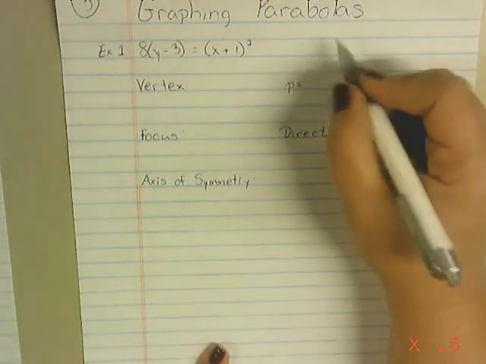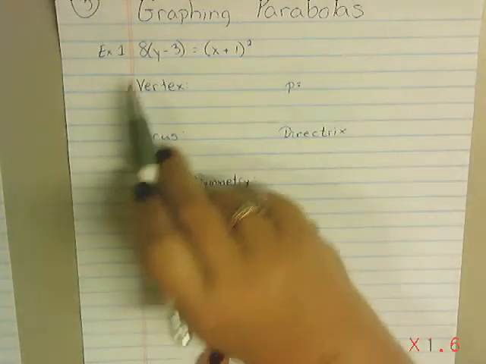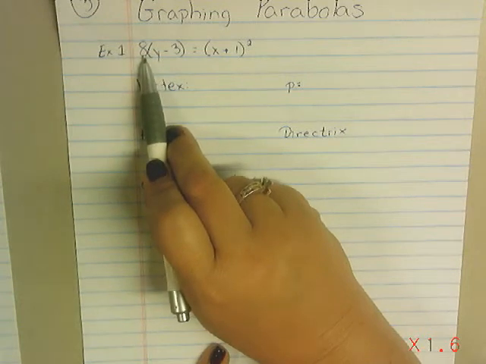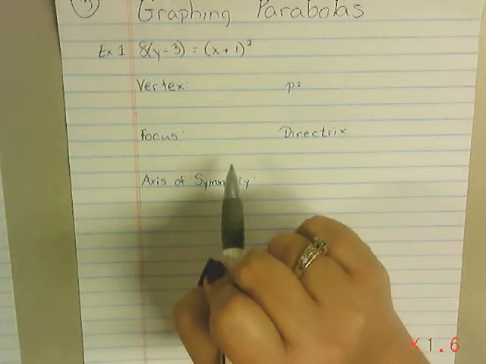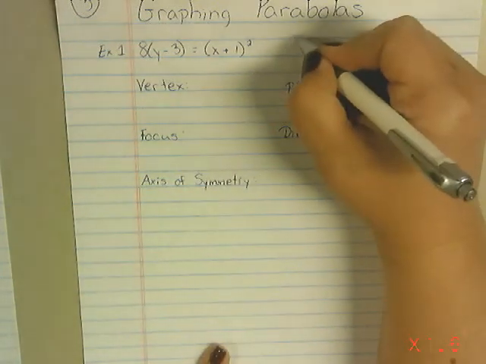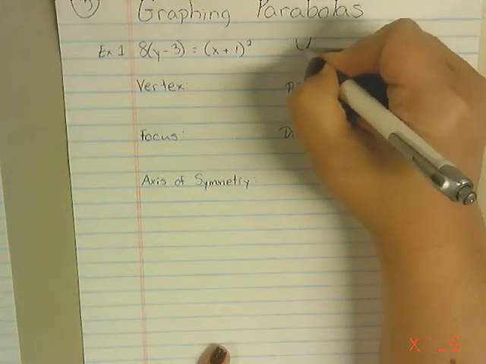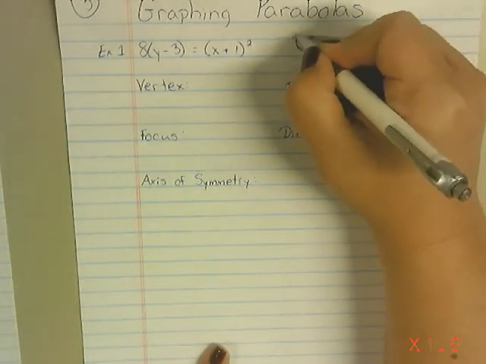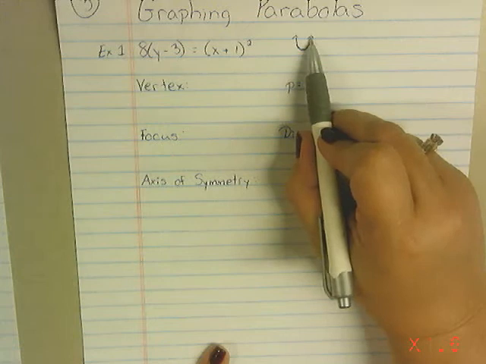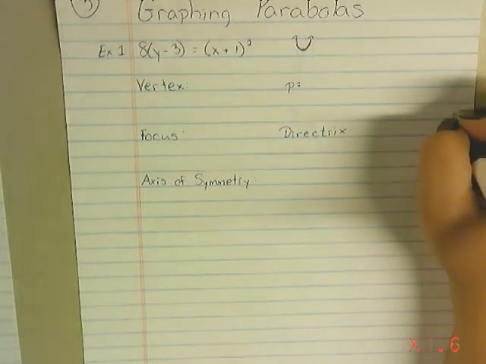So I know it's going to go either up or down. I also know that this number out here is positive, so that means my parabola should be going in the positive direction. So I know right now that my parabola is going to look like this. It's going in the y direction and it's going positive, so it's going up.